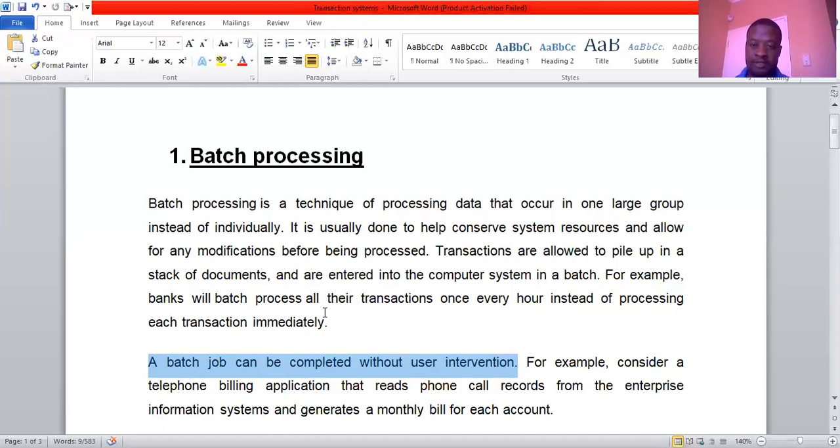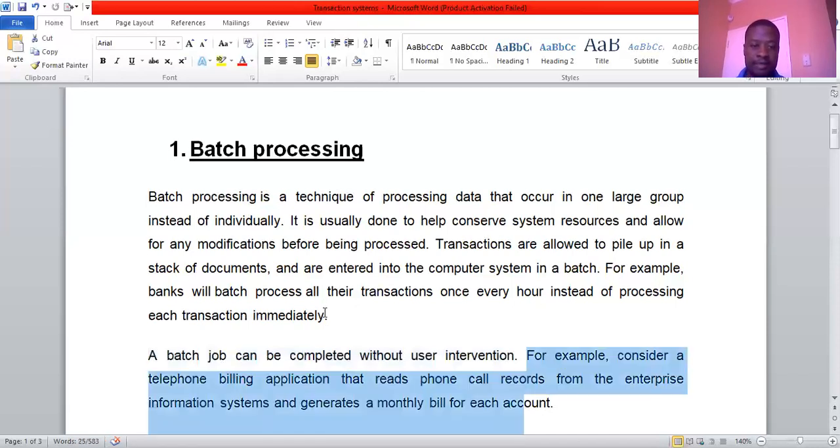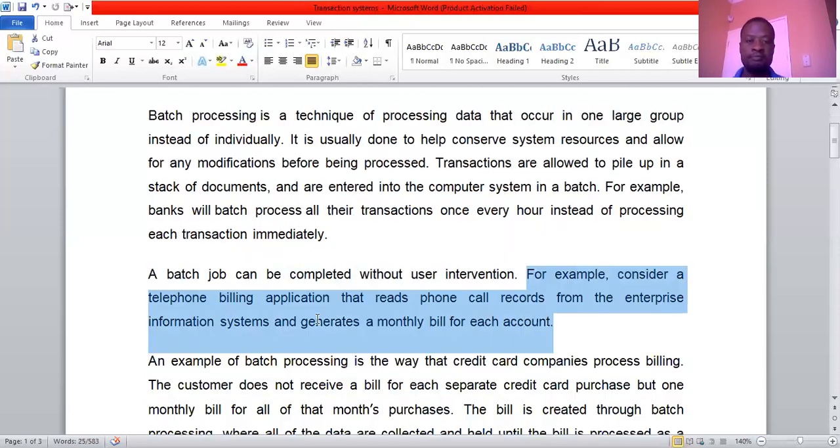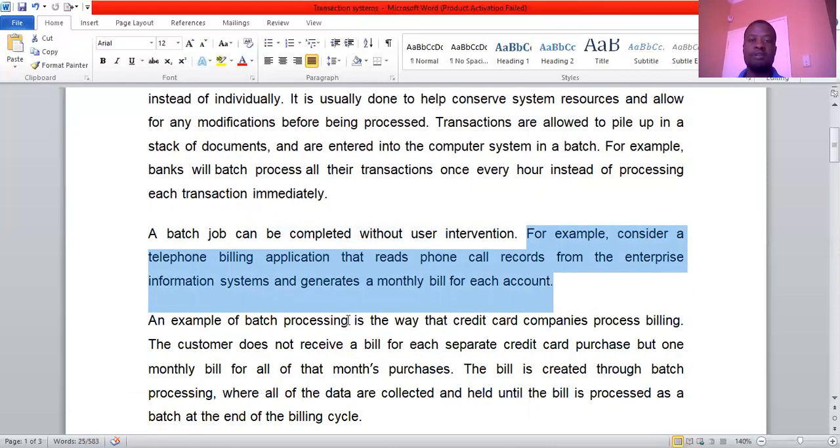Okay, so for example, let's consider a telephone billing application that records phone call records from the enterprise information system and generates a monthly bill. Let's say you own an organization, and you have your telephones. You receive calls and you call other organizations.